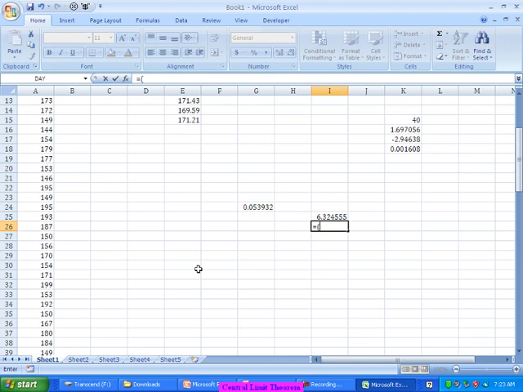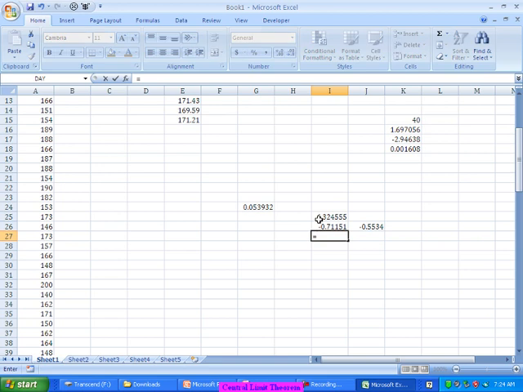I can take it as 35.5 minus 40 divided by the standard deviation, which is minus 0.71. The same logic I can apply to 36.5: minus 40 divided by the standard deviation, so minus 0.55. So minus 0.71 to minus 0.55.